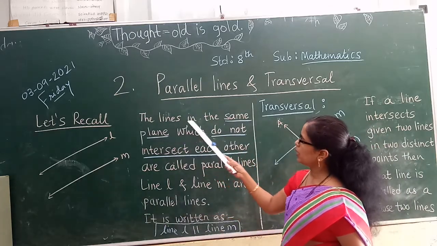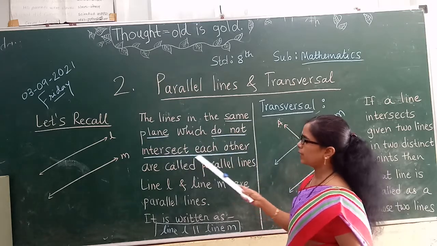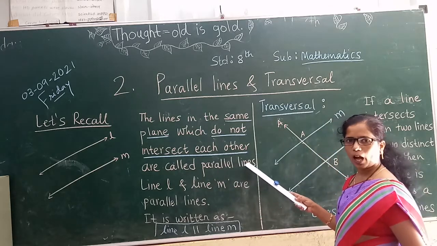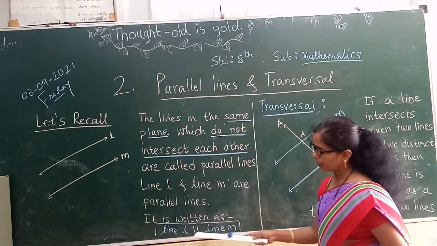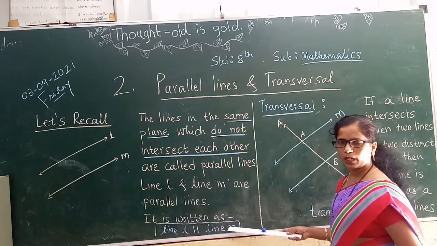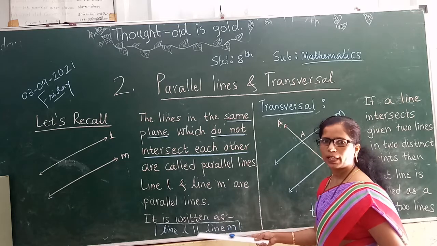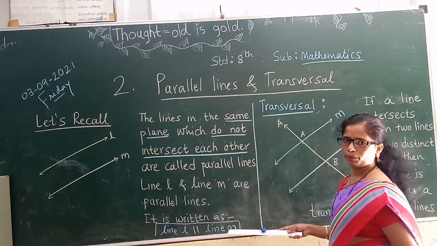The lines in the same plane which do not intersect each other are called parallel lines. And how are we going to write it? We write two standing lines between the names of the lines. The name of the line may vary but the sign remains the same. Two standing lines. Line L parallel line M.